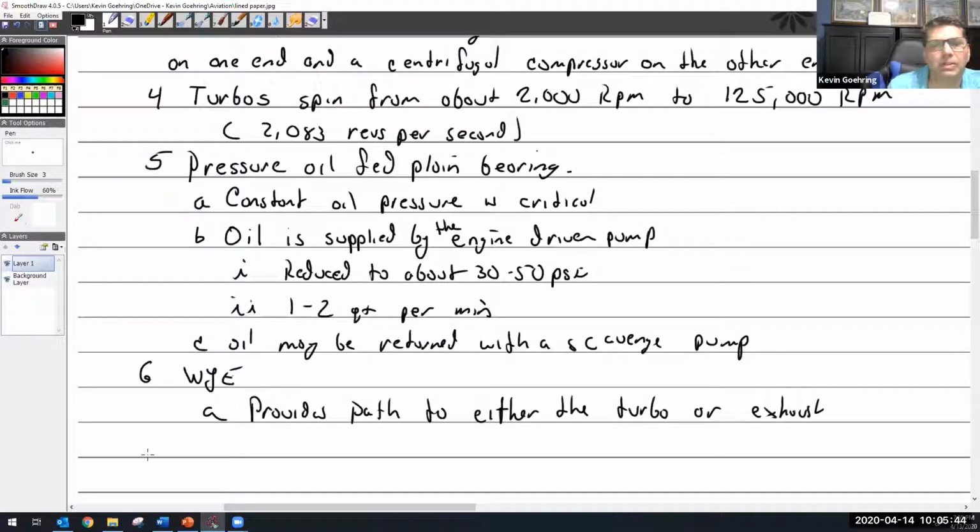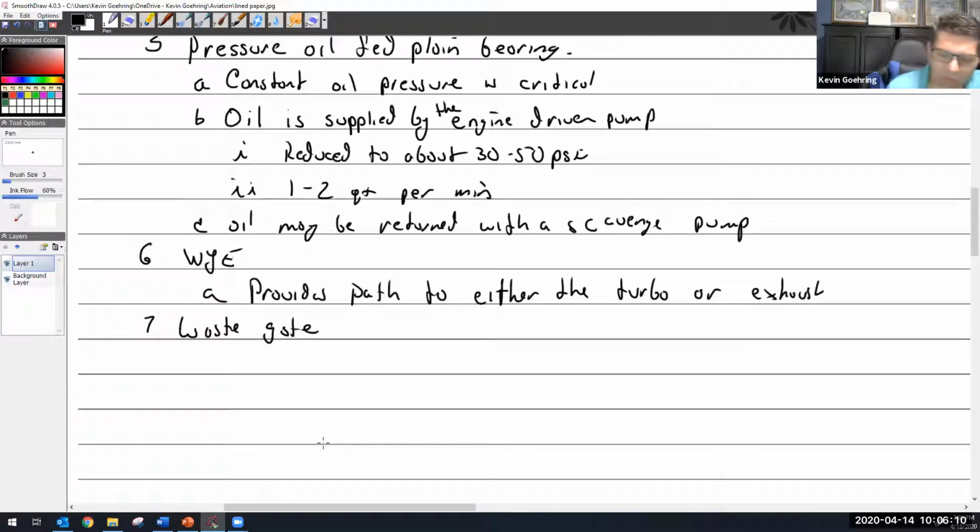So it's got the Y there that's either going to the turbocharger or the exhaust, and it also contains the wastegate. Well, the wastegate's actually attached to it. So the Y is more or less just a path in the road. Then we have the wastegate, which is the throttle, so to speak, of the whole thing.